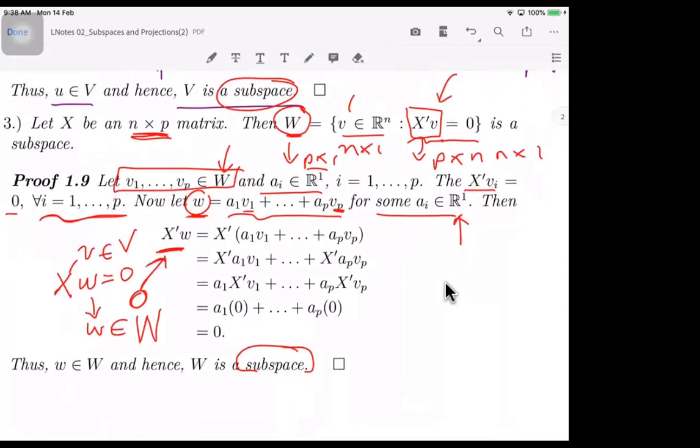So if we pre-multiply W by X prime, you will have this. W is of this form. By the distributive property, you have this.